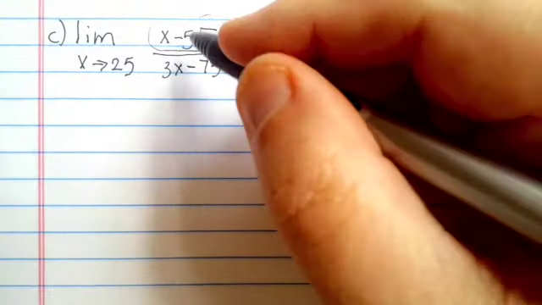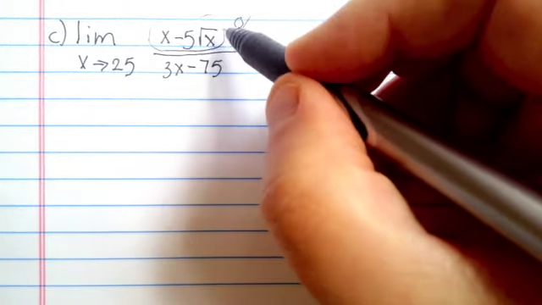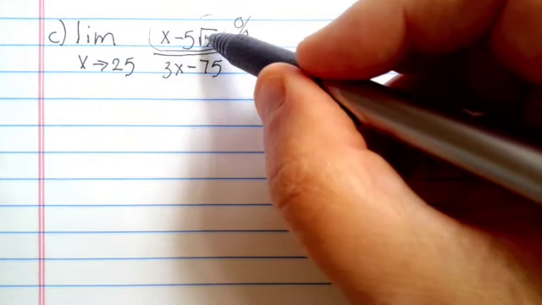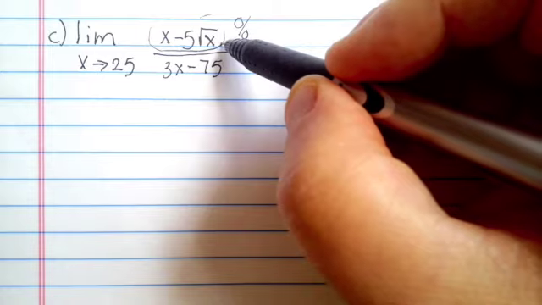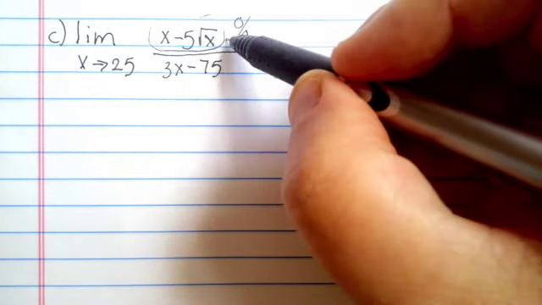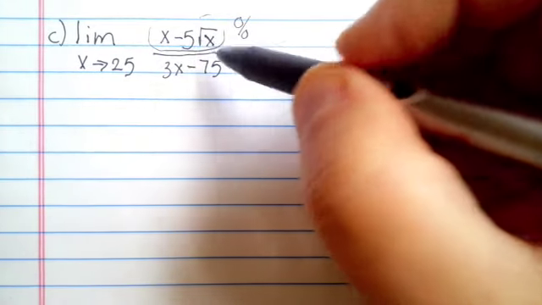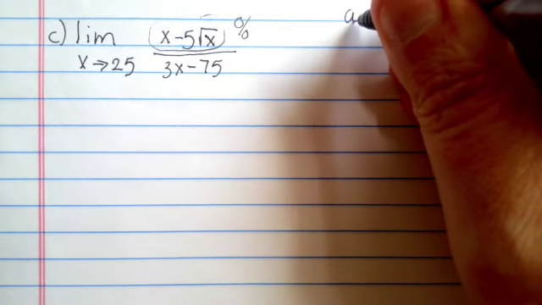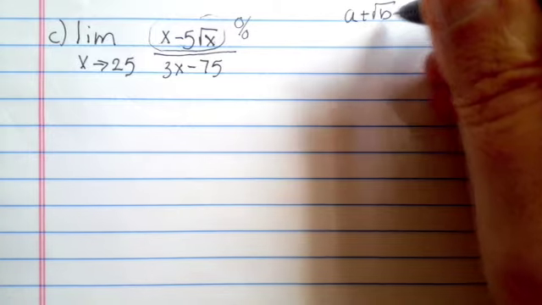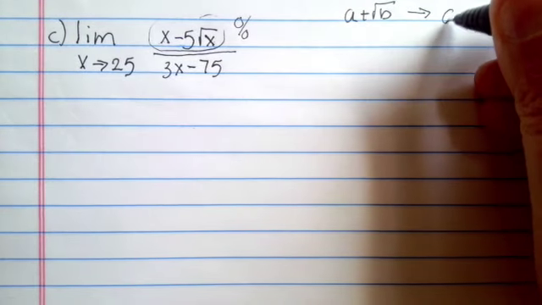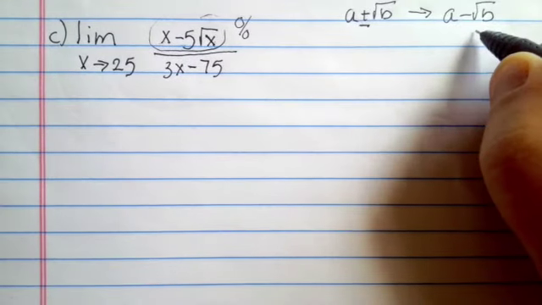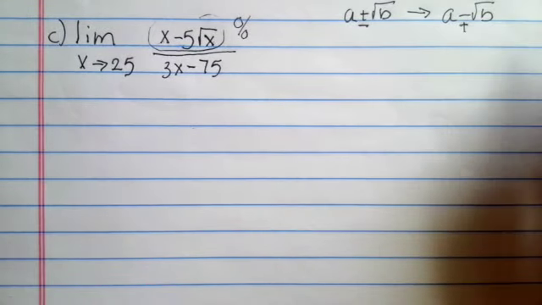What we need to do is multiply this entire function by the conjugate of the numerator, the part that has the square root in it. So since the square root is in the numerator, we're going to look at the conjugate of the numerator. Now, how do you find the conjugate of the numerator? Well, if you've got a plus the square root of b, the conjugate would be a minus the square root of b. If you've got a minus the square root of b, the conjugate would be a plus the square root of b.